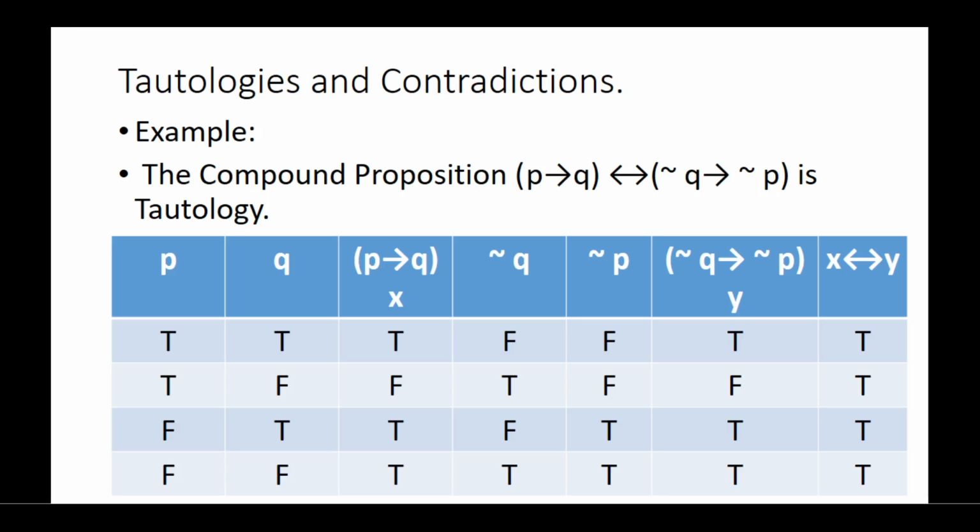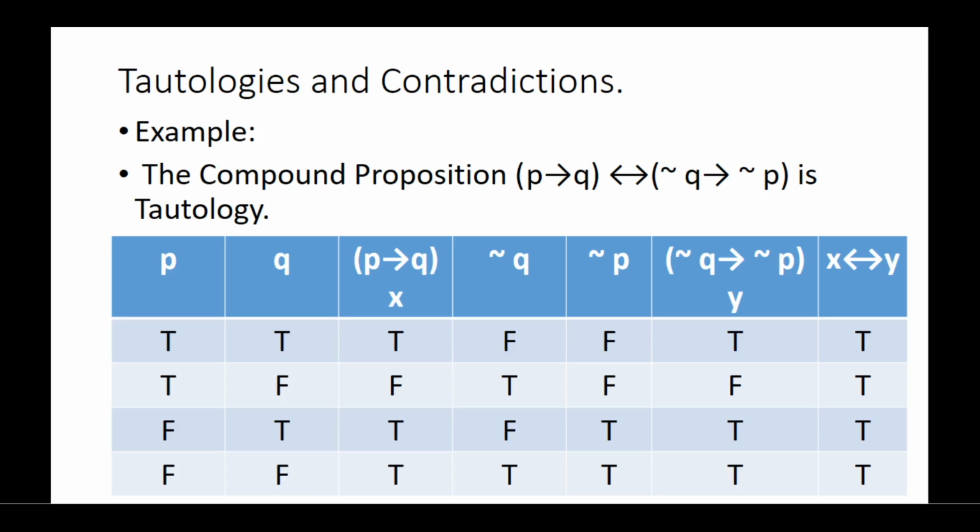The last one: P is false, Q is false. P implies Q is true, because false implies false is true. Negation of Q is true, negation of P is true. Negation of Q implies negation of P is true. X double implication Y, true and true, is true. So in all cases we got a true statement.